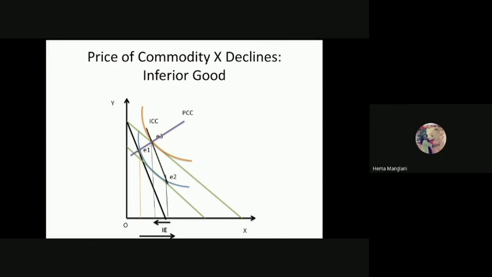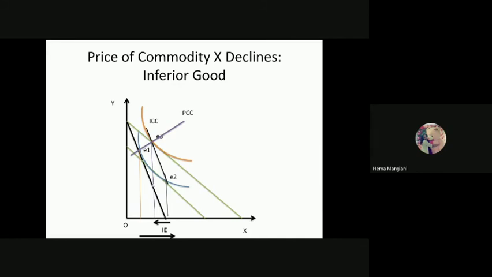It indicates that you are consuming more of both Y and X. From E2 to E3, whenever your income rises, you would like to consume less X and more Y. But that is the comparison between E2 and E3 only. Before the change in price, you were at E1, and E3 says you are still consuming more of X.